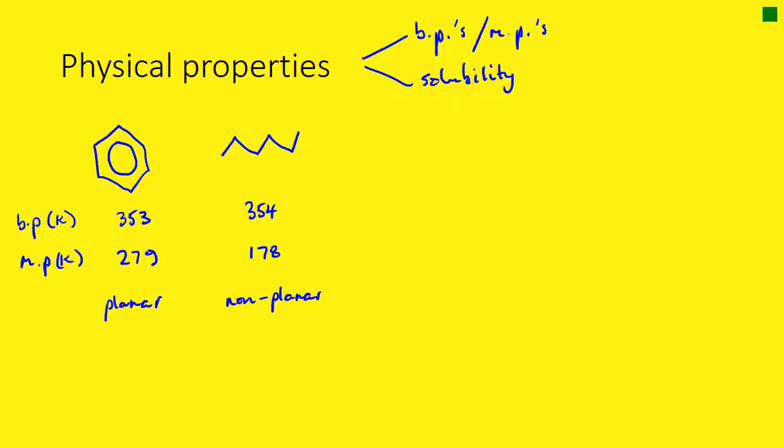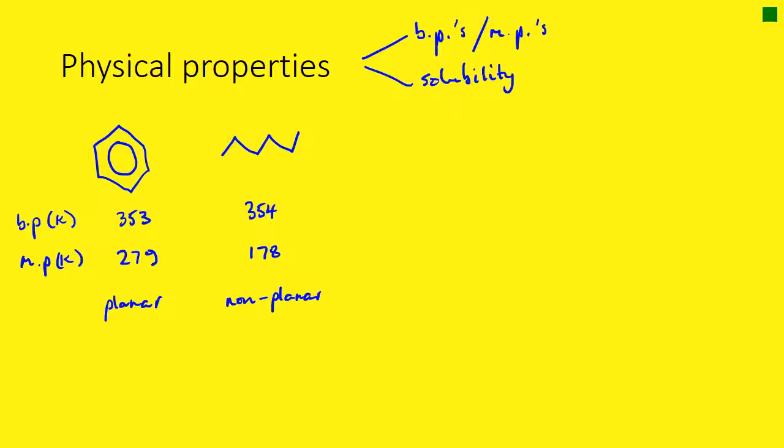In terms of the boiling points, that's more to do with separating the molecules completely, and they're similar, as you see, because they're going to have similar van der Waals forces. Okay, so that's boiling and melting points. We can discuss solubility.